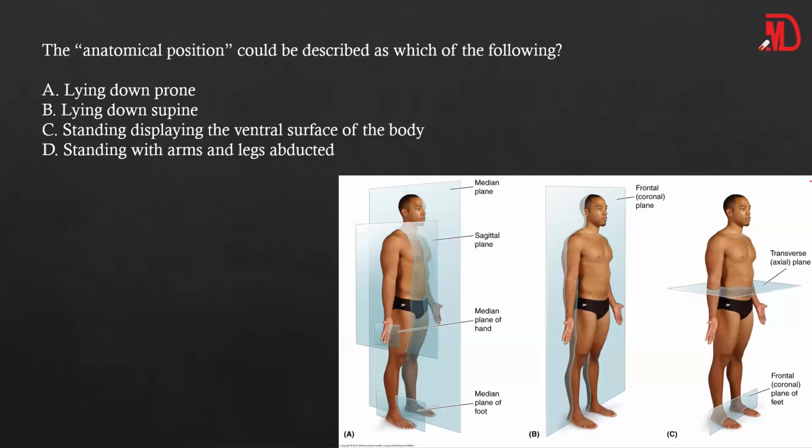Then, the feet should be flat on the floor and slightly apart, just like in this diagram. So this we can say is the anatomical position. Now let's go back to our options to see if any one of them meets the criteria that we have just used to describe the anatomical position.